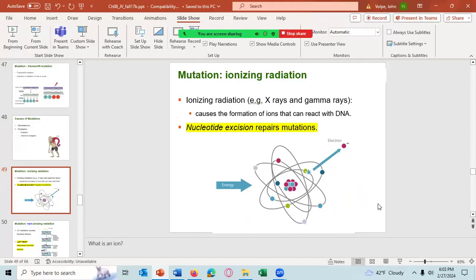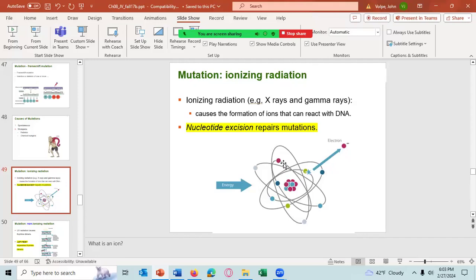When we're talking about radiation, there are 2 types. The first is ionizing radiation, and these are radiation like X-rays and gamma rays. Radiation has a lot of energy. When this radiation hits a molecule or an atom, it will give the electron so much energy that that electron will leave the molecule or the atom.